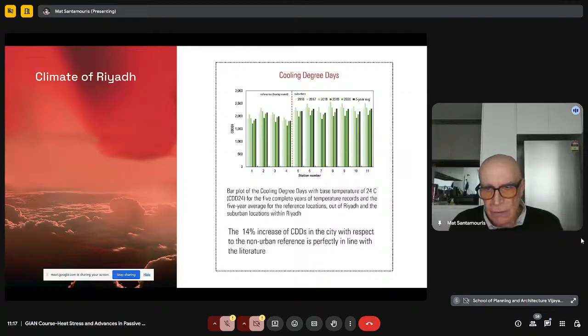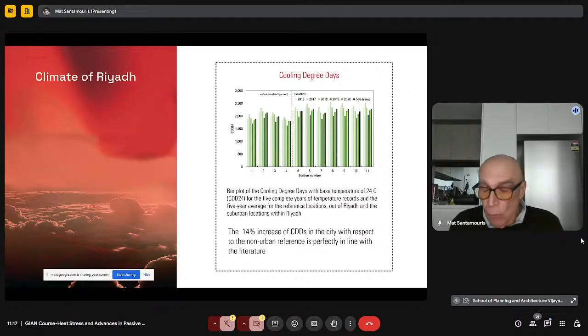Perhaps you may consider that is low, but this is the temperature which is used in Riyadh, and this is done for 5 complete years, and this is done for the reference location and also all the stations in the city.